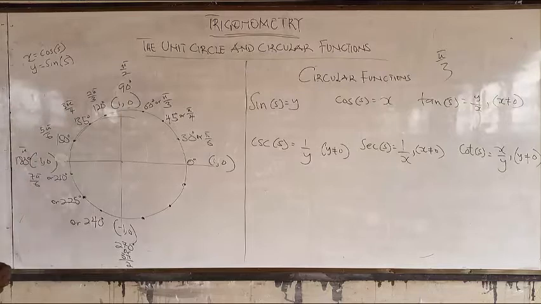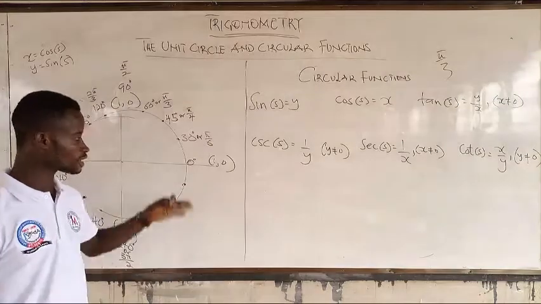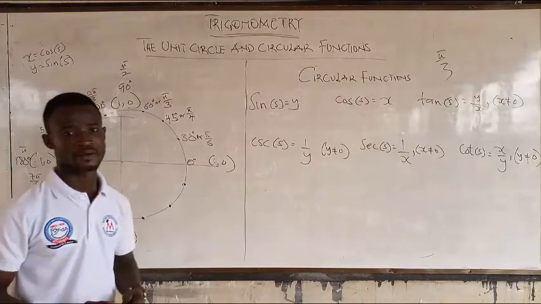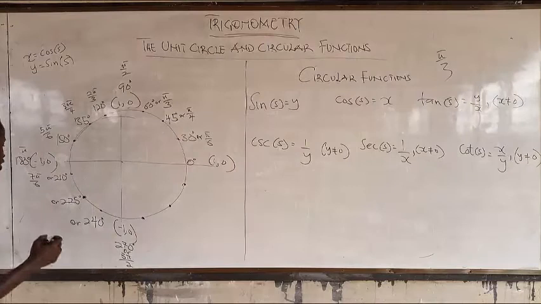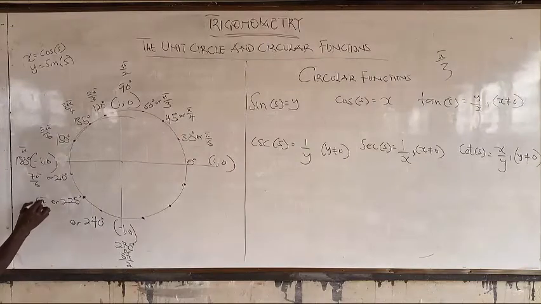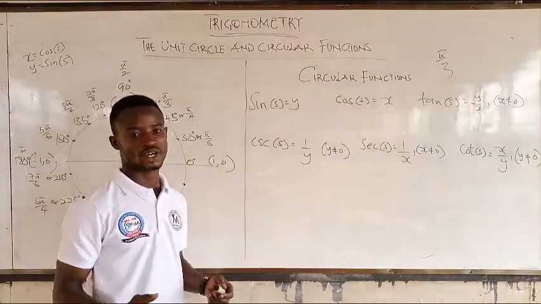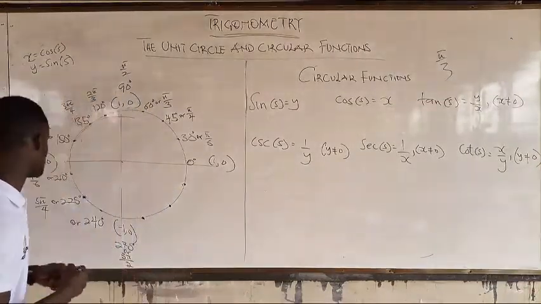You can pause the video and check your calculators and get the rest for yourself. Later you come back and check. Here you're going to get 5 pi on 4. Then for this side you get 4 pi on 3.